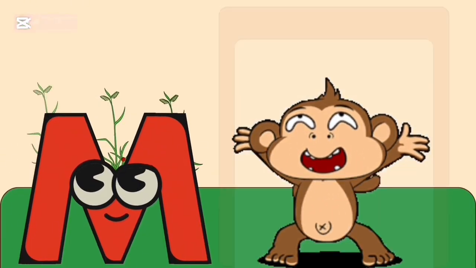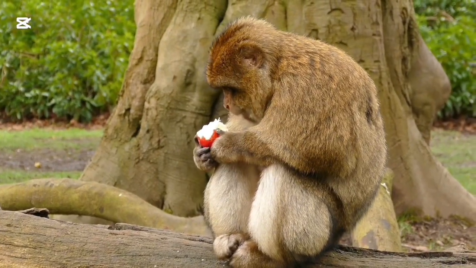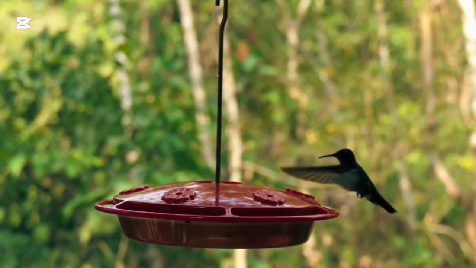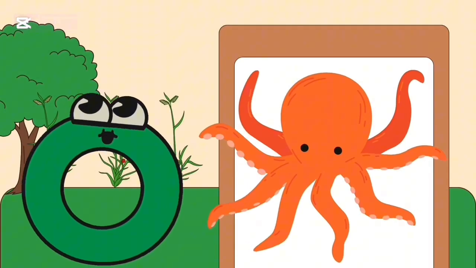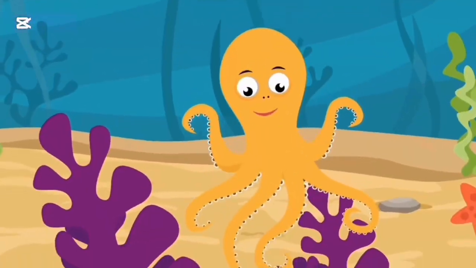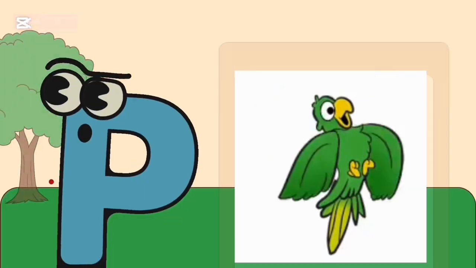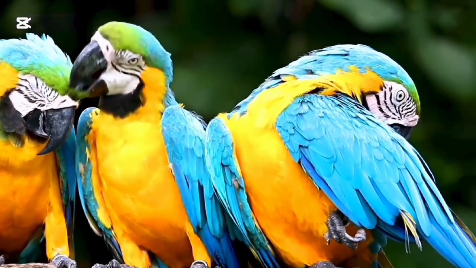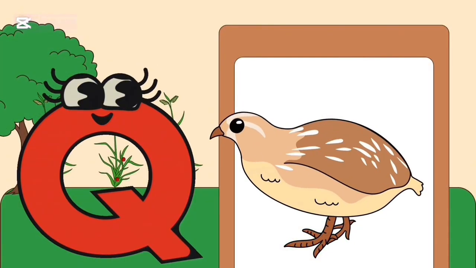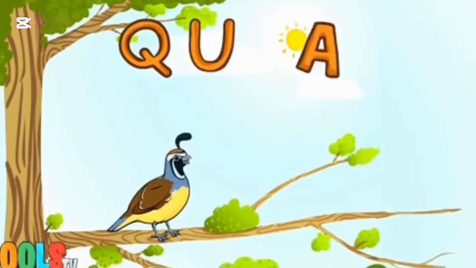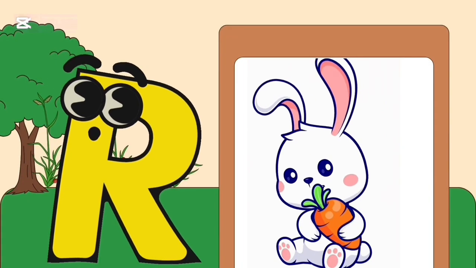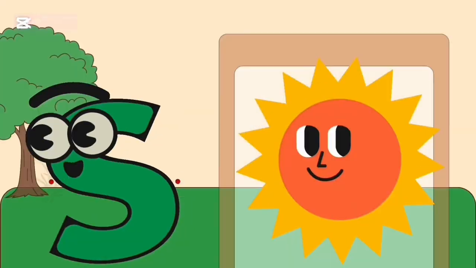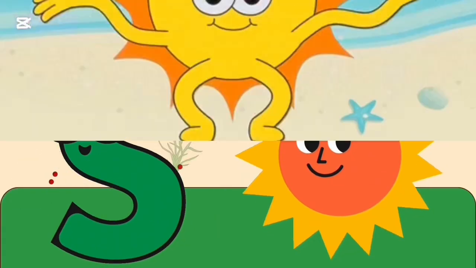M is for monkey. Monkey. N is for nest. Nest. O is for octopus. Octopus. P is for parrot. Parrot. Q is for quail. Quail. R is for rabbit. Rabbit. S is for sun. Sun.